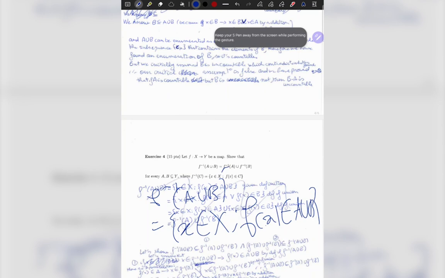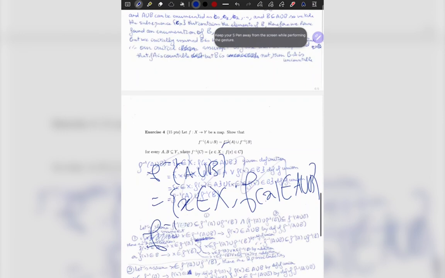It's trying to say that the solution set of f to the power minus 1, or every answer that it could give me, is an x such that if I plug x into f, it would give me something in A union B, right?